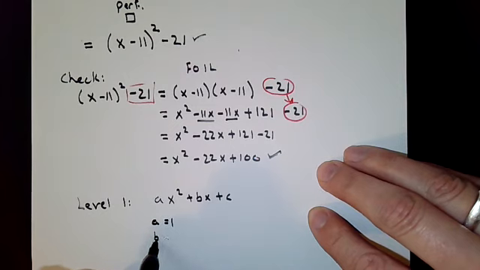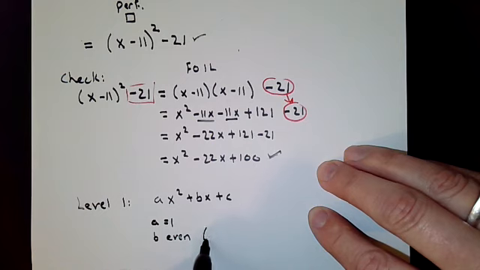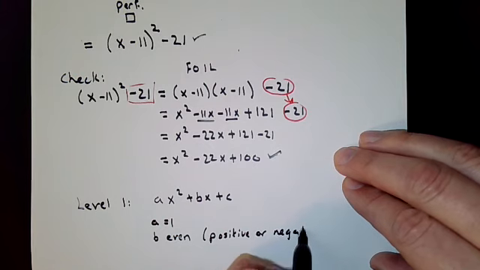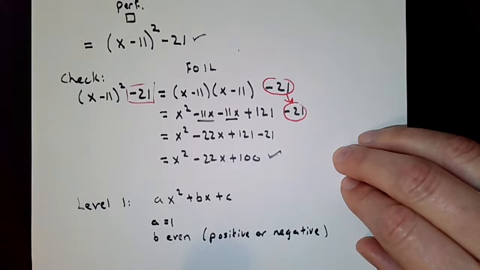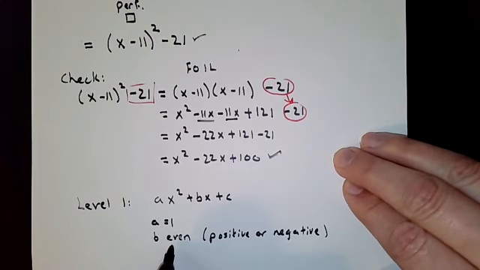And pick B so that it is even. C can be anything you want. So if you want to practice this, just literally pick an even number. Positive or negative, doesn't matter. In fact, you should do both. I used a negative 22 on this last example. Just pick an even number, any one you want, and write it down.